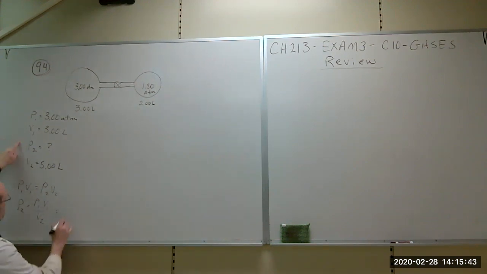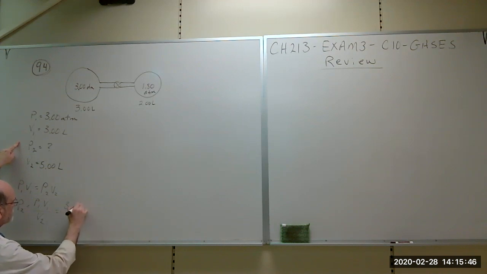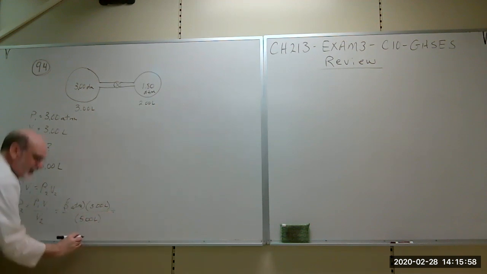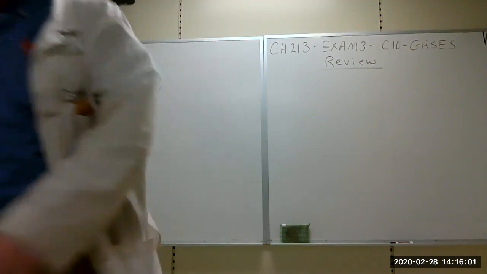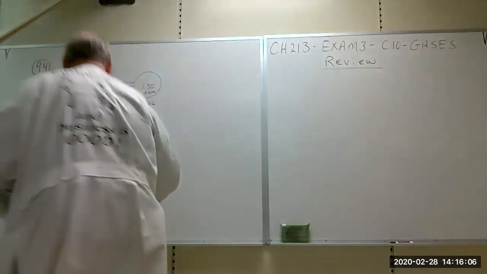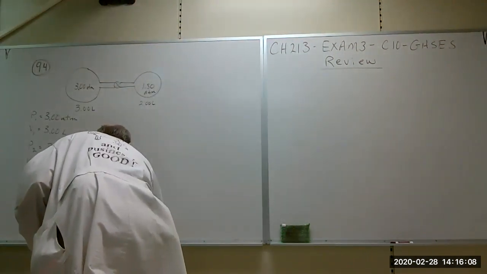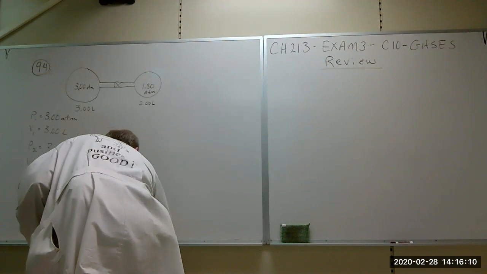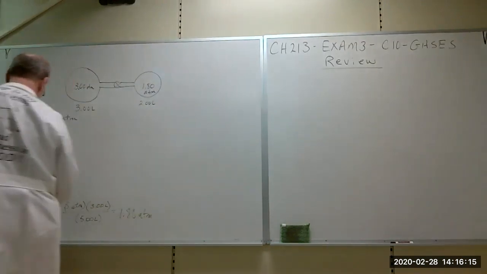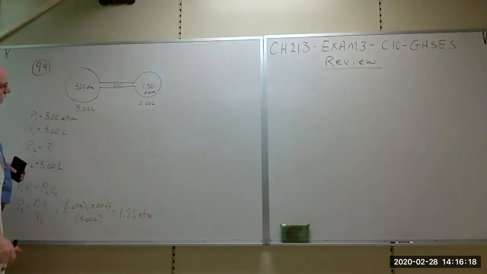So initial pressure, 3 atmospheres. Initial volume, 3 liters. Final volume, 5 liters. All right. So it's 9/5, 1.80. Okay, this is the pressure due to the left-hand gas.